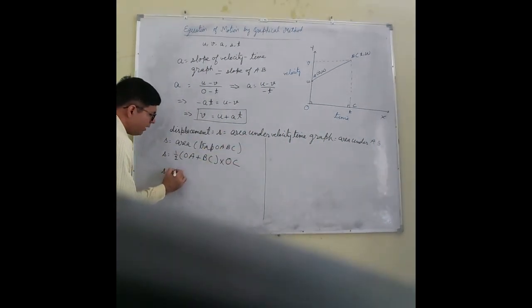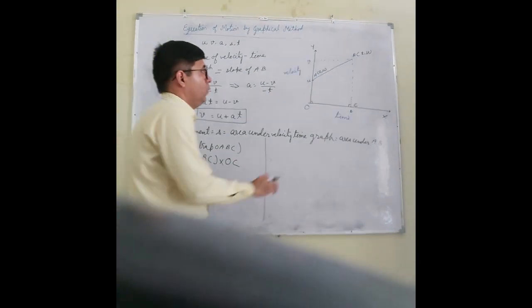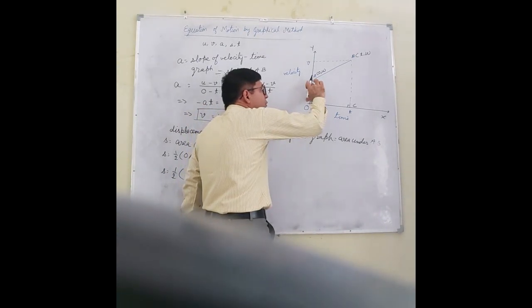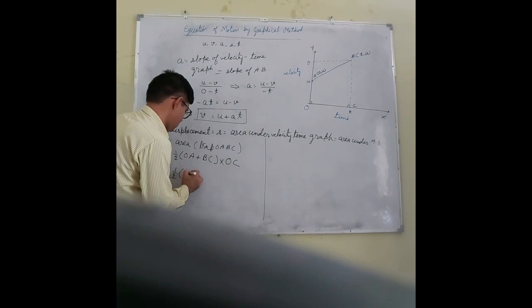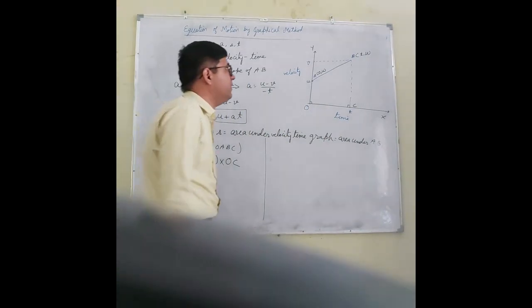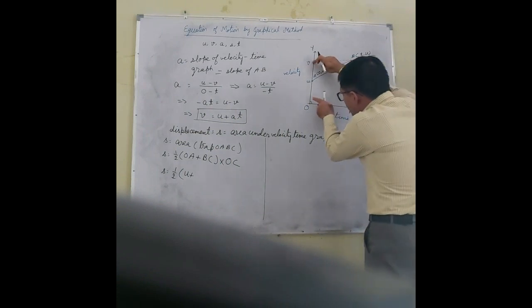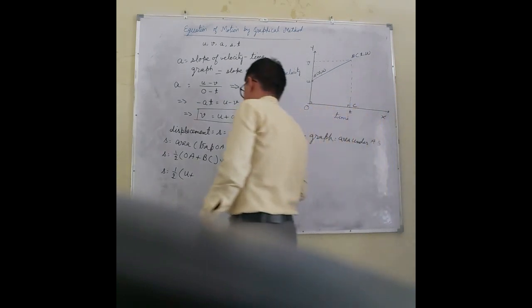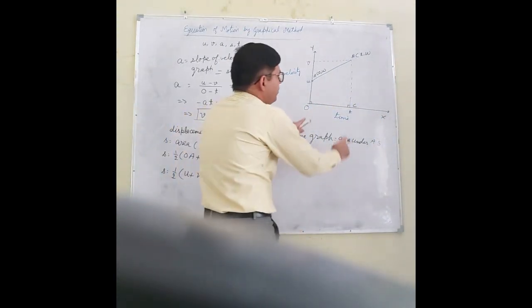Now can you tell me what is OA? This entire length is U. What is BC? BC is equal to V. And what is OC?